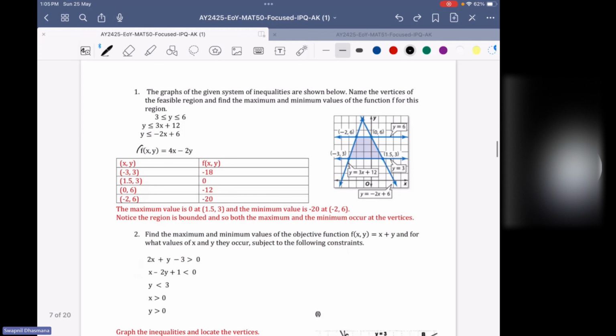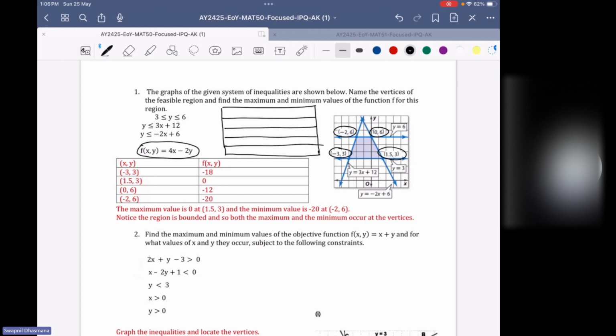So this function becomes very important now, and you have to use your calculators. So you will start by making a table wherein you will choose 4 values, the corners 1, 2, 3, 4. So I just need 1, 2, 3, 4 blocks.